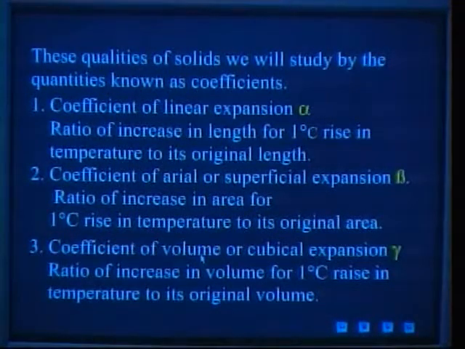But when the solid is in the form of cubes, spheres or cylinders, there will be expansion in volume. This is studied by gamma, the coefficient of volume or cubical expansion, the ratio of increase in volume for 1 degree rise in temperature to its original volume.